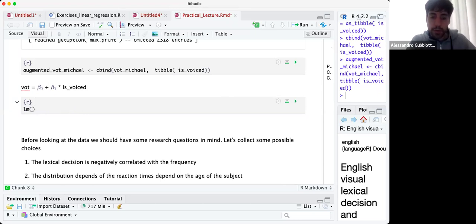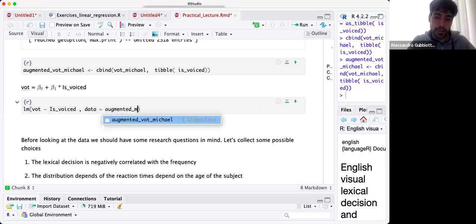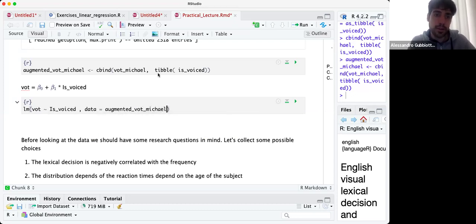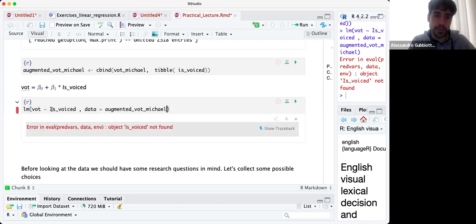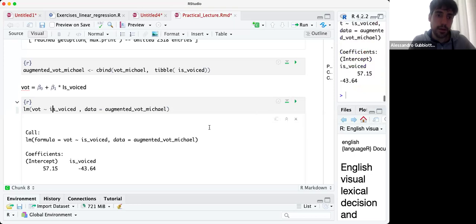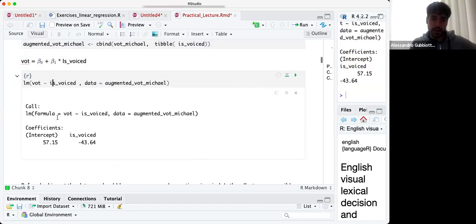We have to predict the vocal onset time using the variable is voiced, and the data is the augmented vocal onset time of Michel. So we are trying to predict the vocal onset time using this variable, is voiced, without a capital letter. And okay, we obtain these estimates, our intercept and our slope.